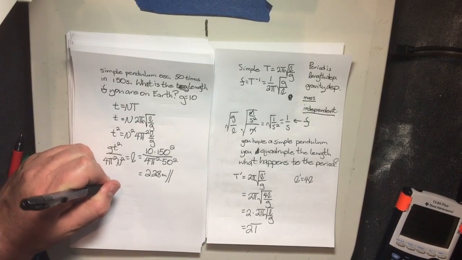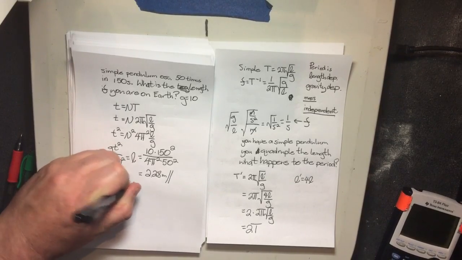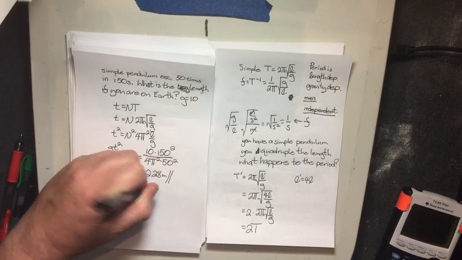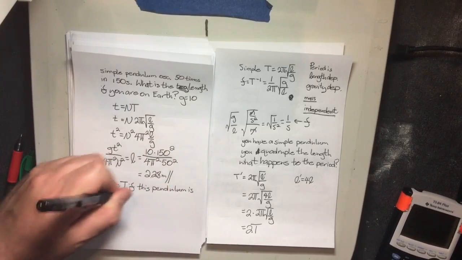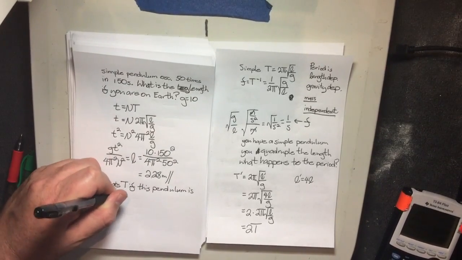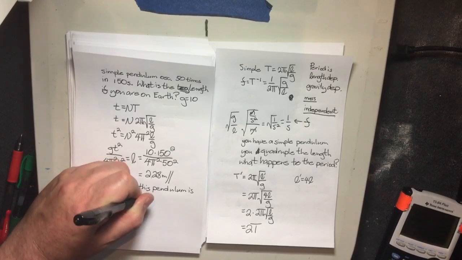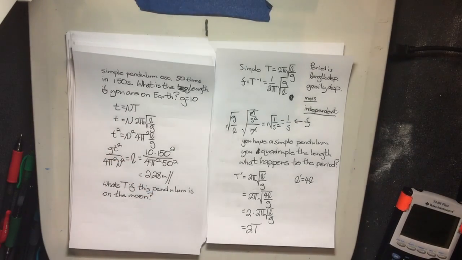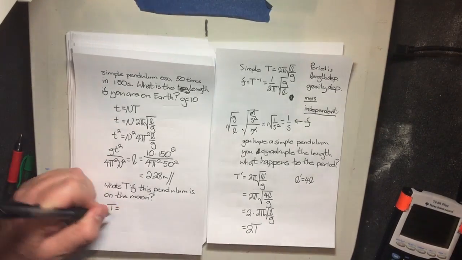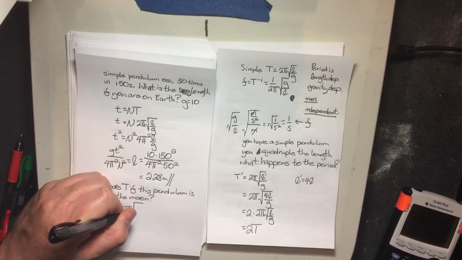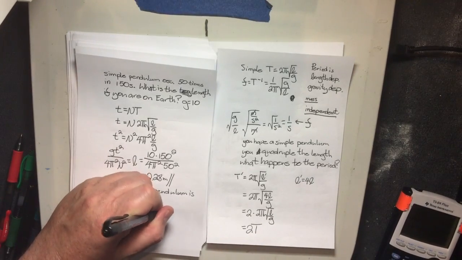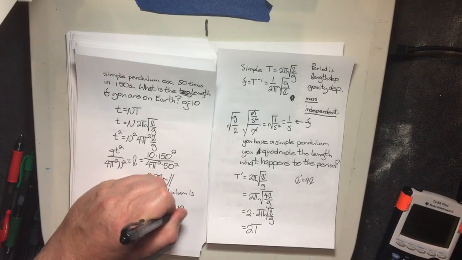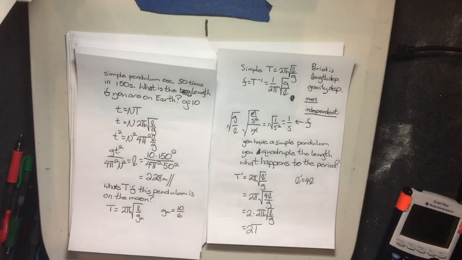Second question, what's T if this pendulum is on the moon? So the period of the pendulum is now on the moon. What is it? The period does change because gravity changes. Gravity of the moon is 1/6 that of Earth, or 10/6.